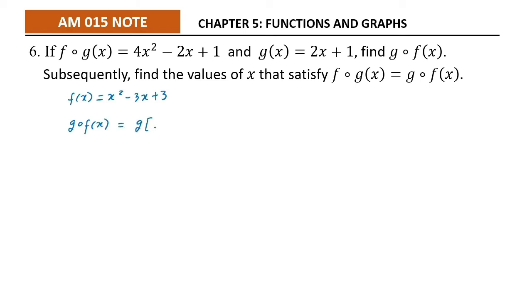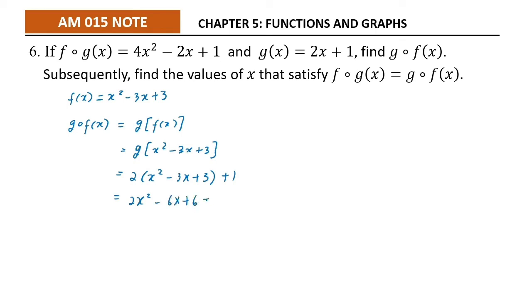Which is g of f(x). f(x) is x squared minus 3x plus 3. g is 2 times x, where x is now x squared minus 3x plus 3, plus 1. And then simplify: 2x squared minus 6x plus 6 plus 1 equal to 2x squared minus 6x plus 7.